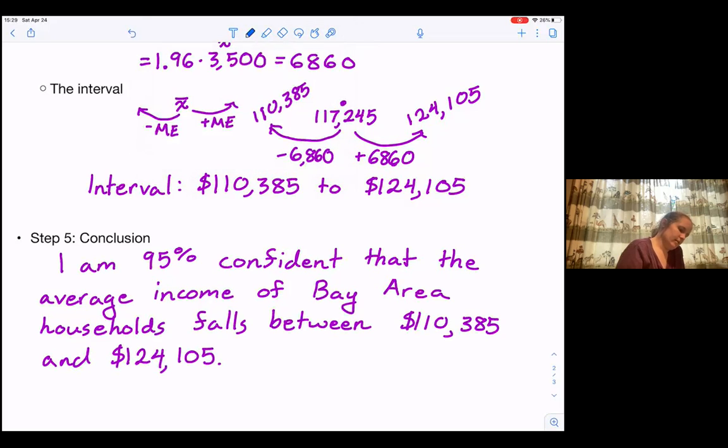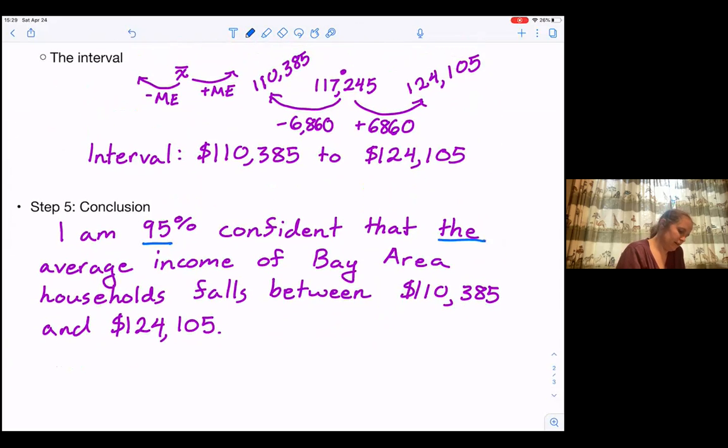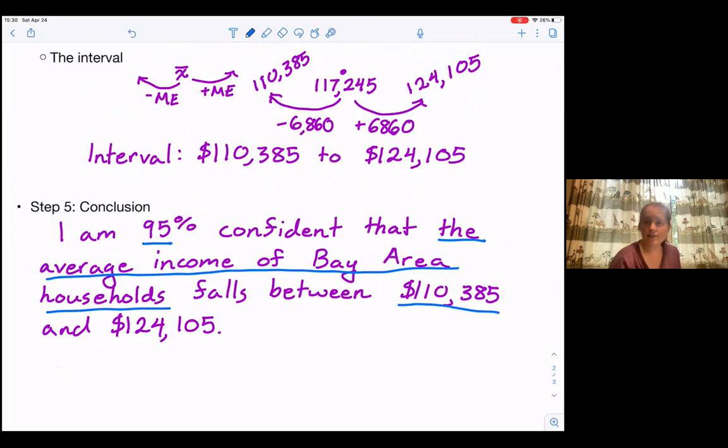Again, 95% was our confidence level. The average income of Bay Area households was what we were trying to estimate. The $110,385 was the left or lower end of our interval. The $124,105 was the upper end of our interval. So this is our confidence interval.